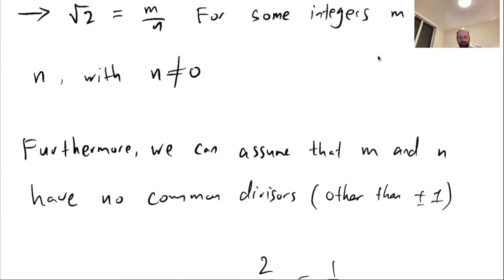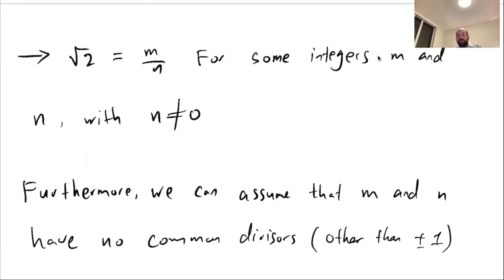So when I said root 2 equals m over n, I'm allowed to assume that m and n have no common divisors. Why? Because if they did, first simplify, and then you get a fraction that cannot be simplified further, meaning that m and n have no common divisors. And that final fraction, you call the numerator m, denominator n.